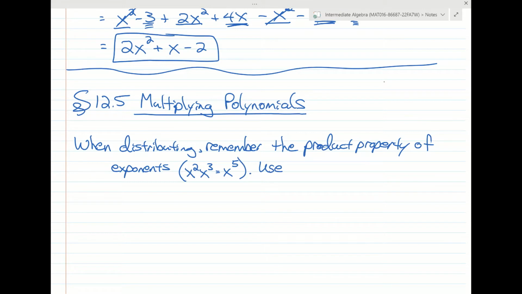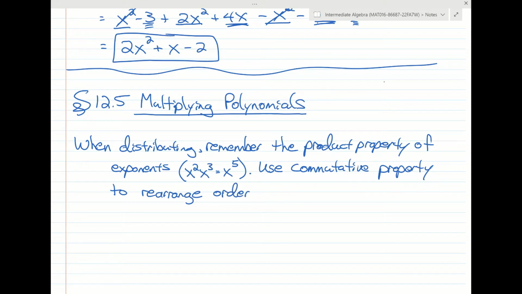And then we use the commutative property to rearrange order.